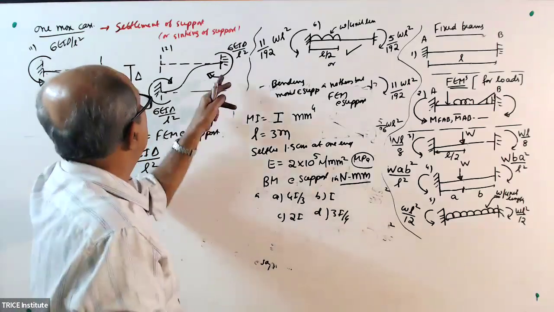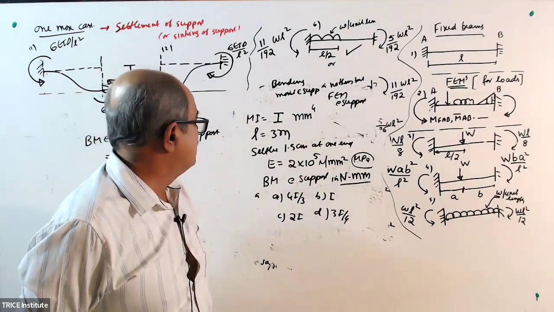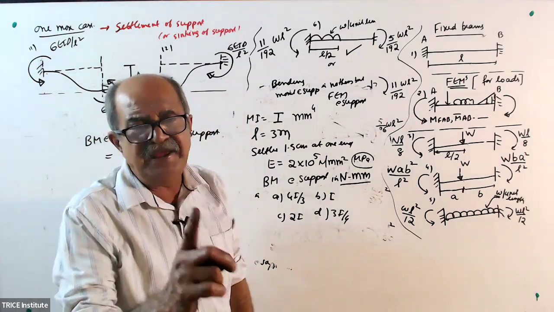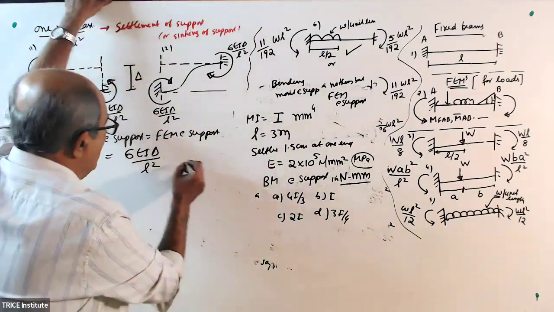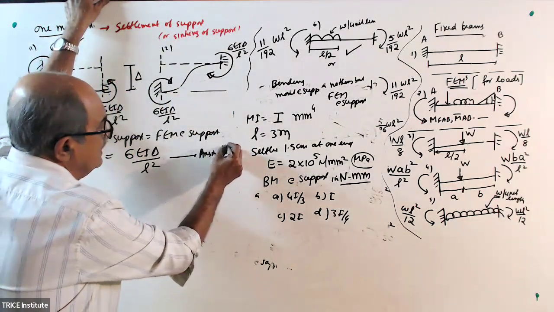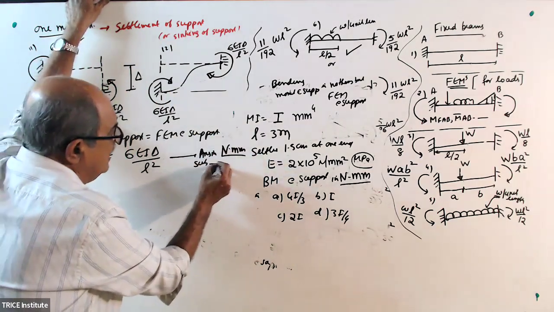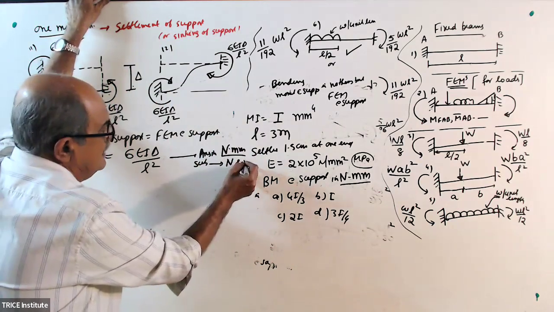You know it already. When the settlement is there, it is 6 EI delta by L square. Now be very careful. They want the answer in Newton millimeter, so substitute everything in newtons and millimeter.